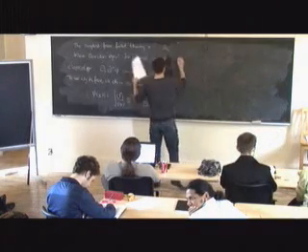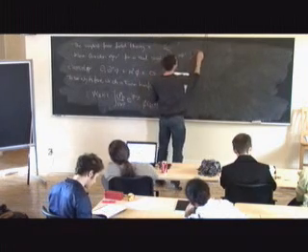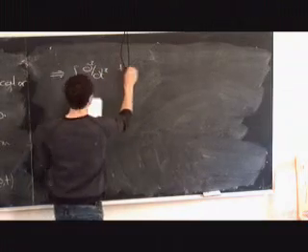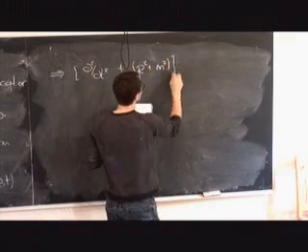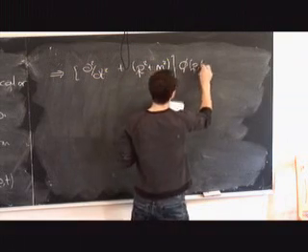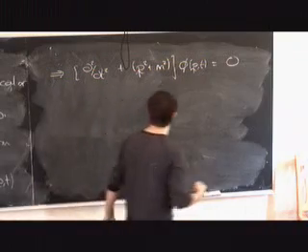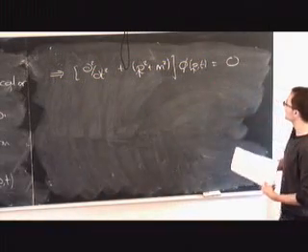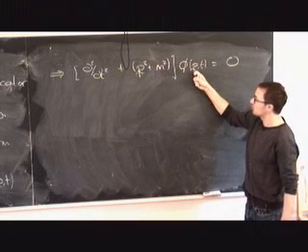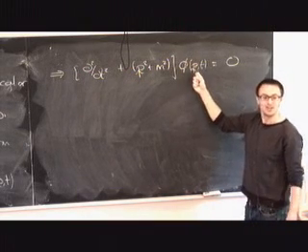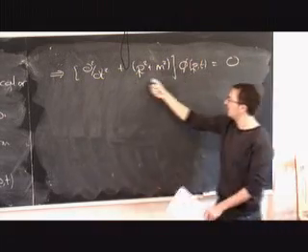Okay, so we take this and plug it into the Klein-Gordon equation. What we get is an equation for phi of p that doesn't depend on any of the other phi of p's. So each of these phi of p's just evolves completely independently and has to obey this equation.